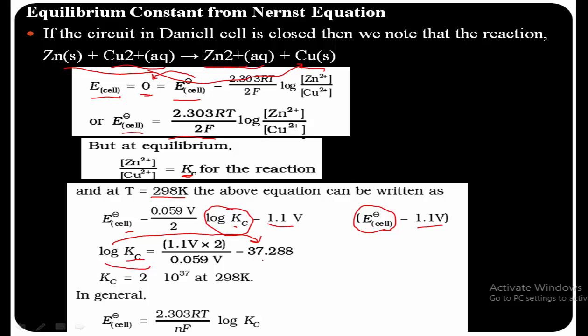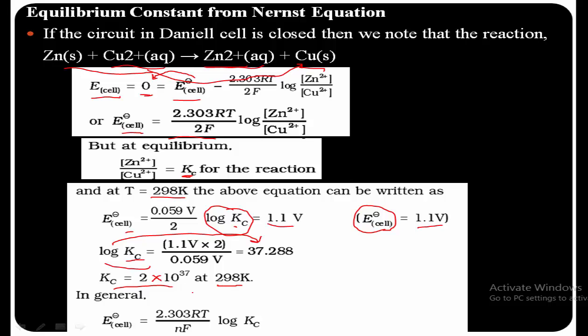The anti-log of 37.288 gives 2 into 10 raised to 37 at 298 Kelvin. This is for the Daniell cell. The equilibrium constant obtained from the Nernst equation for the Daniell cell is 2 into 10 raised to 37 at this temperature.